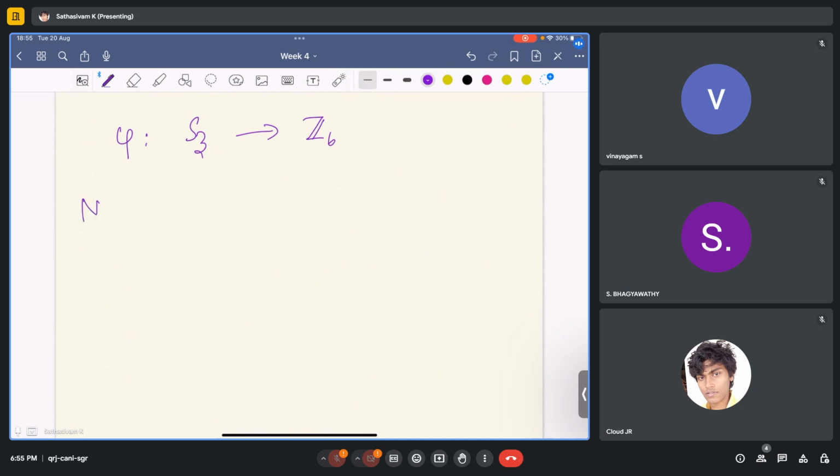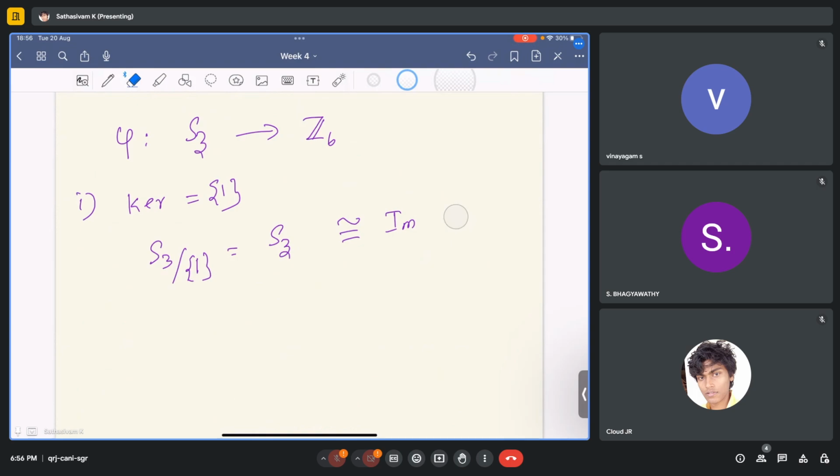Let's say the first possibility is that the kernel is equal to the identity. In this case, what happens? G by kernel, sorry, S3 by kernel is basically S3, and this will be isomorphic to the image of φ.